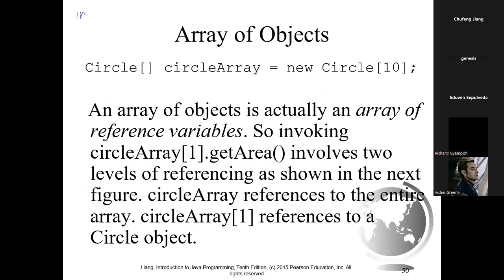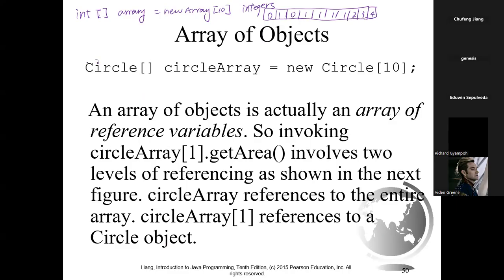For example, if we are creating an integer array, like new int array of 10, that means we have 10 containers: 1, 2, 3, 4, 5, 6, 7, 8, 9, 10. And in each container they contain integers. Those are integers.